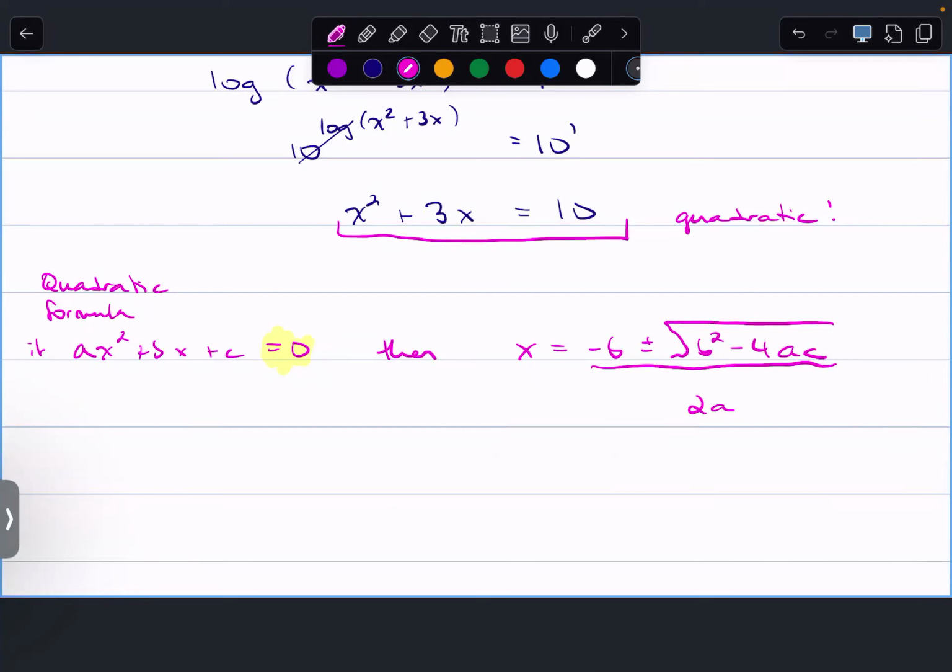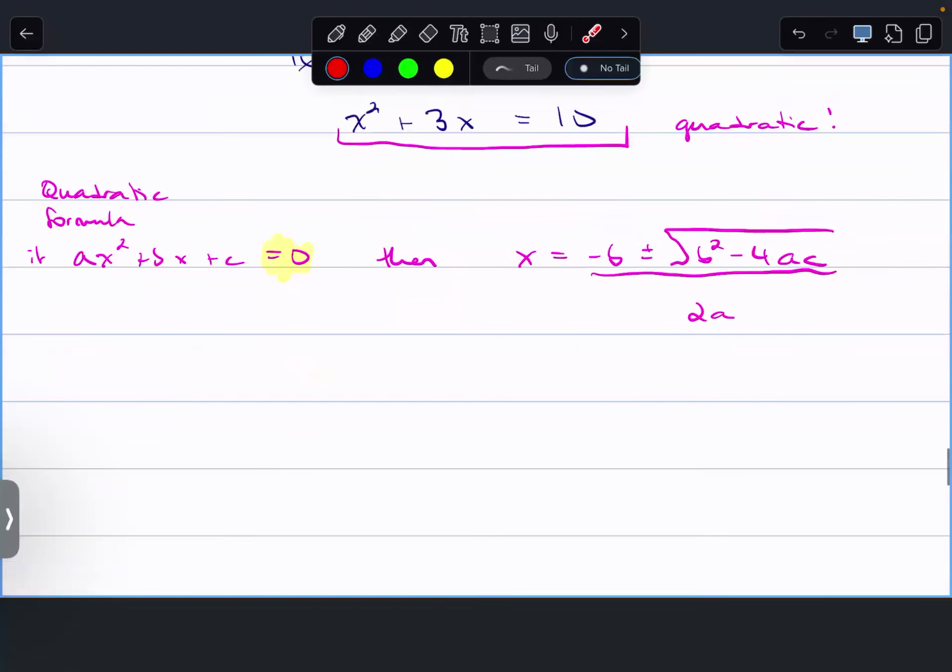So the first thing I'm going to do is move this 10 over to the left. If I subtract 10 from both sides, I get 0 on the right-hand side, which matches the format that I wanted. And so I have x squared plus 3x minus 10 is equal to 0, which means a is 1, b is 3, and c is negative 10.